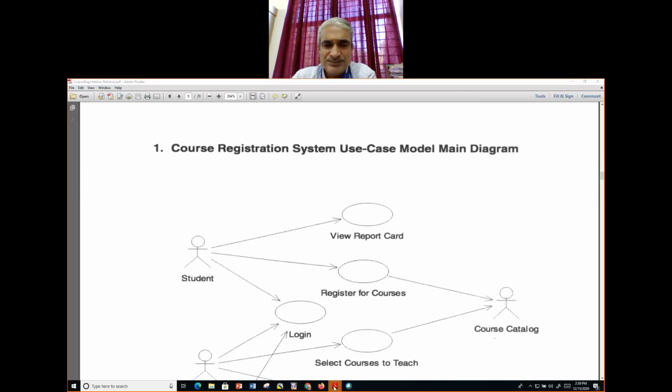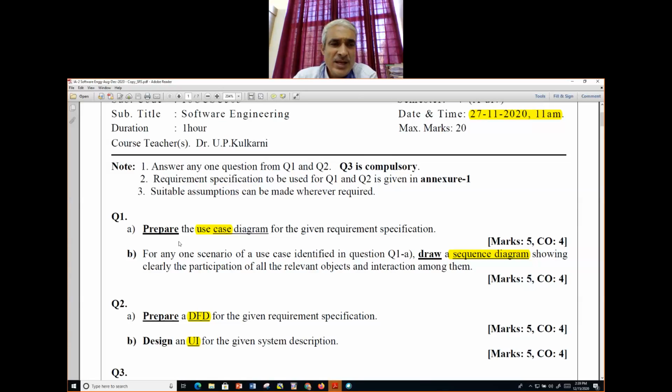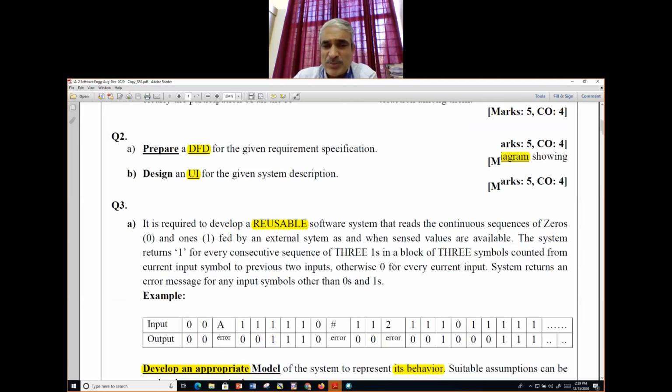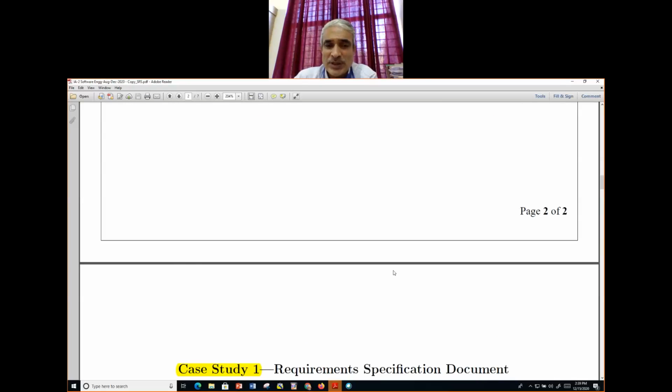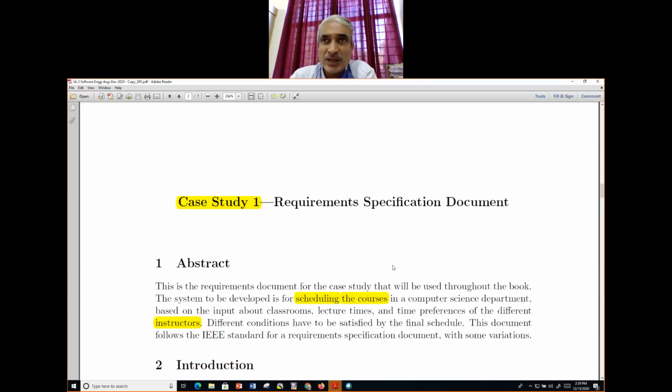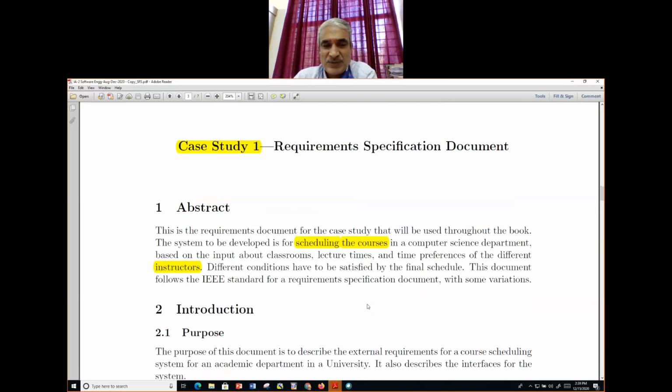So now look at the question paper. Prepare a use case diagram for the given requirement specification. You have been given a problem statement. I told you that when you read, try to pick use cases. Schedule a course: instructor is an actor, and schedule a course is a use case.